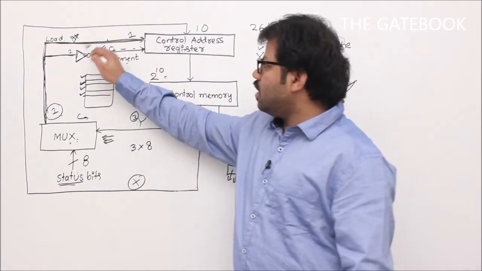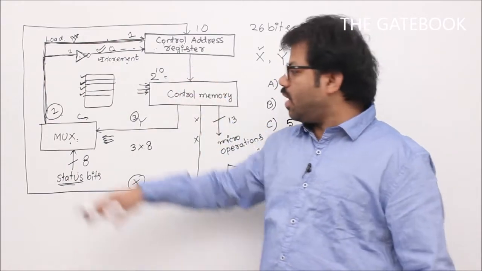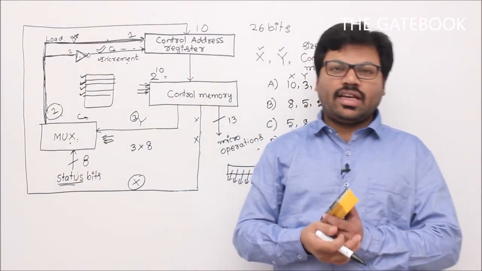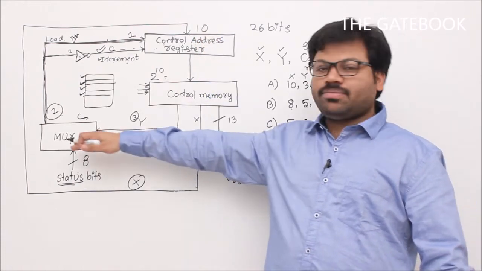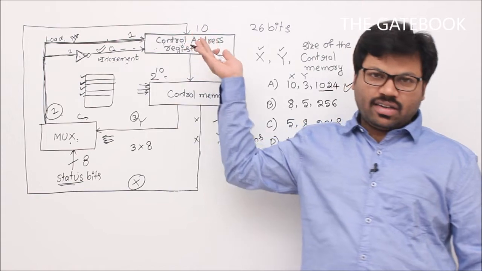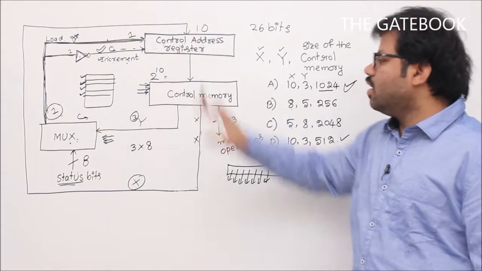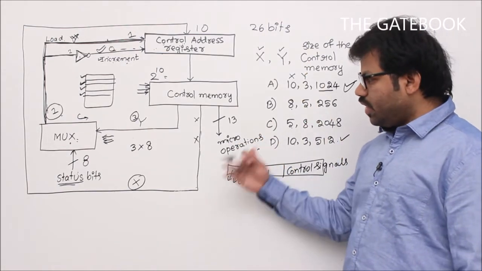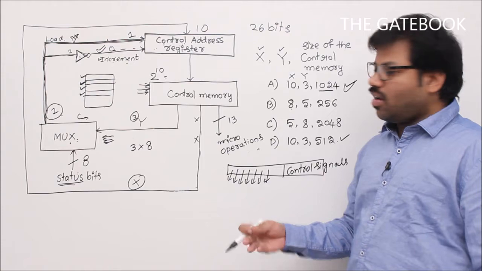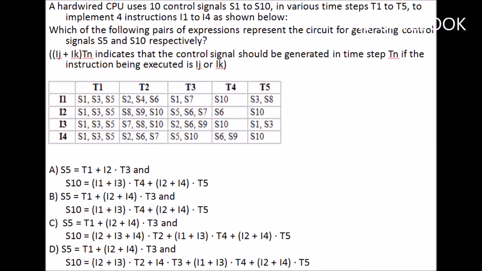That is the way this complementation is working, right? So this is all about the circuit. Finally the multiplexer either loads the register with the next address, otherwise it increments the current address, right? So this is about control memory design. It doesn't matter for us, but to solve this problem you just need a basic idea, not in detail, right? That is about this problem.